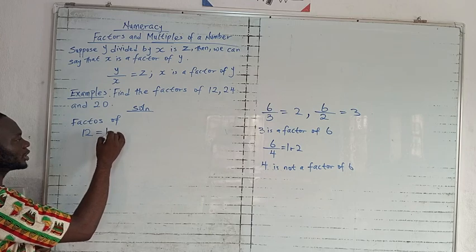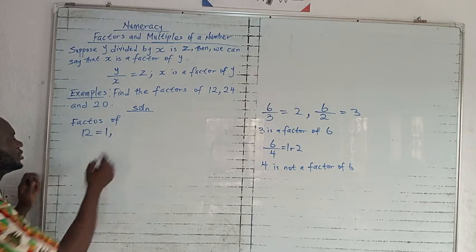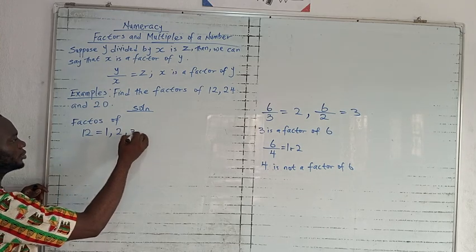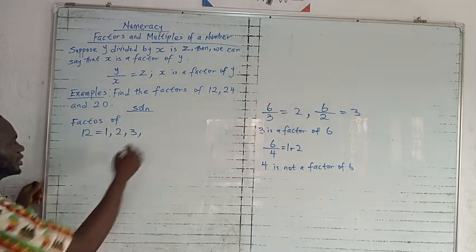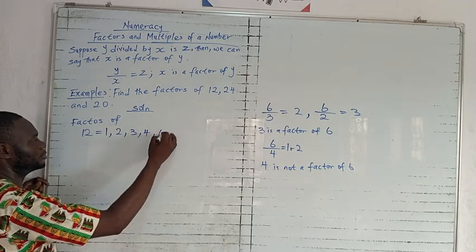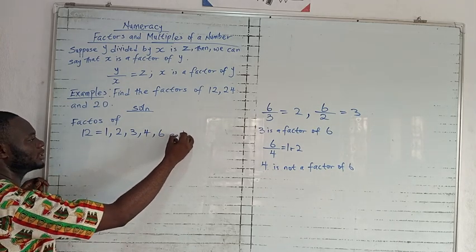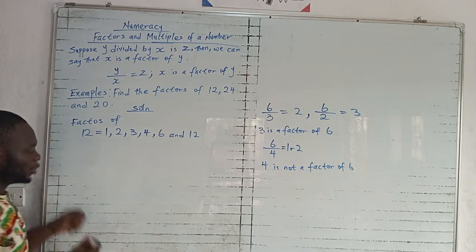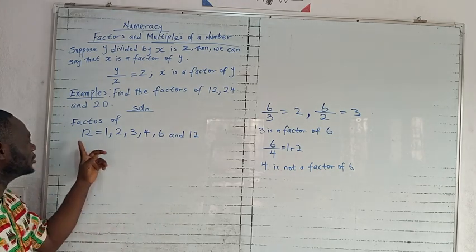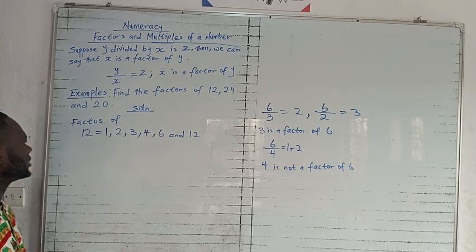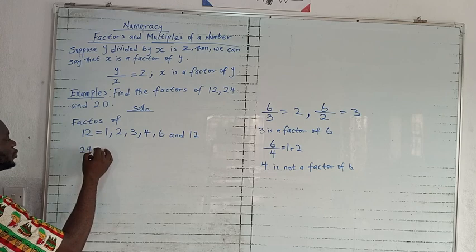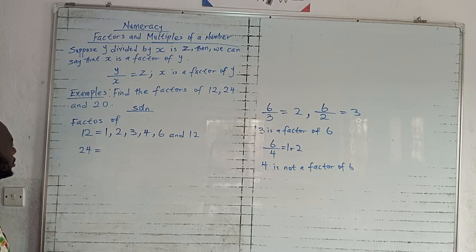So 1 can go, 12 is even, therefore 2 can go, 3 can go, because 3 times 4 is 12, therefore 4 can also go, 6 can go, and 12. Now, one of the tricks that we can notice when listing, okay, before I say that, let's find the factors of 24 and the factors of 20. Then I'll say what I want to say.